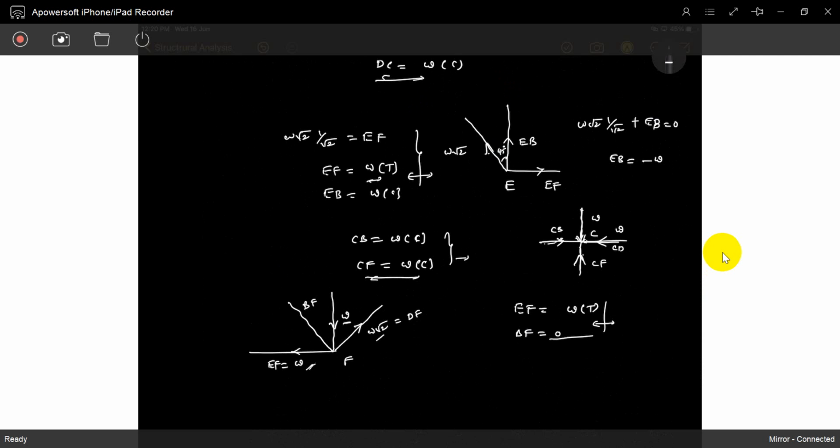This W is balanced by W root 2, so the remaining force is 0. Otherwise, if you calculate by forces in the x direction and y direction, you will also get 0. No need to do it here. So this W root 2 is balanced by these two forces, so compulsorily it is going to be 0.